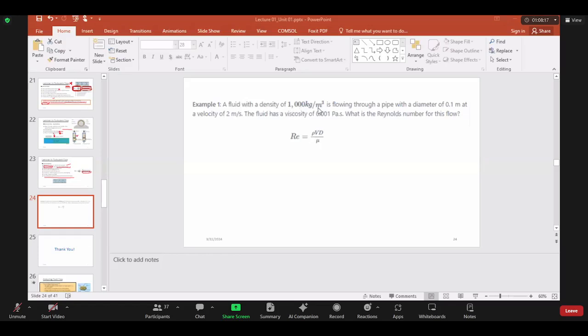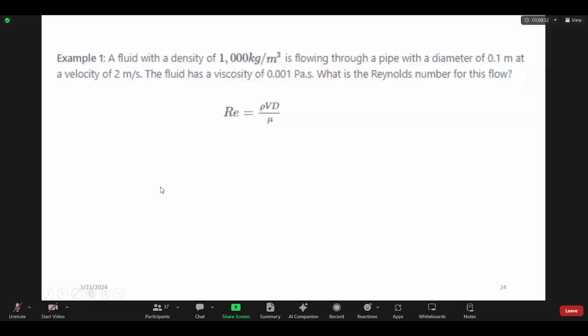Fluid density is 1000. Pipe diameter is 0.1 millimeter. Velocity is 2 meters per second.